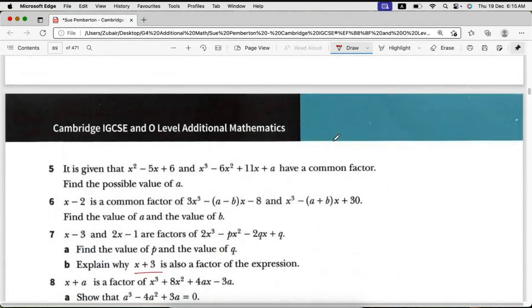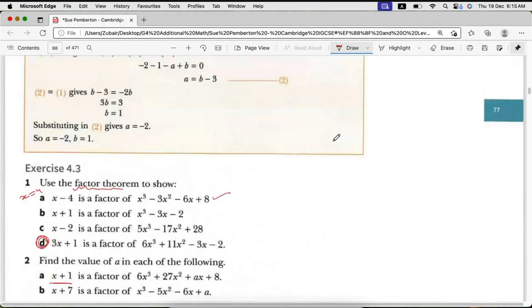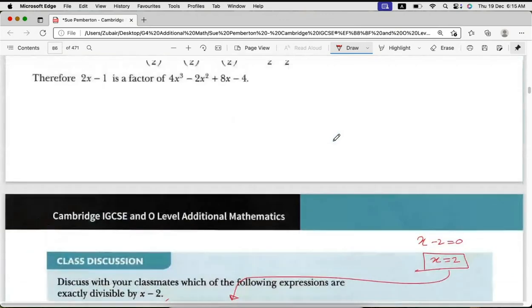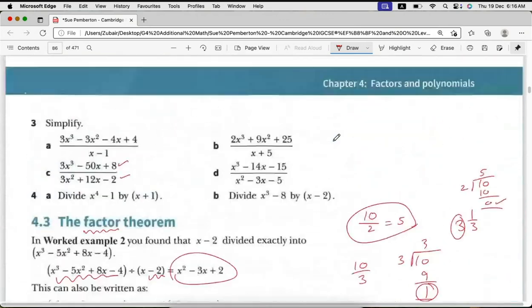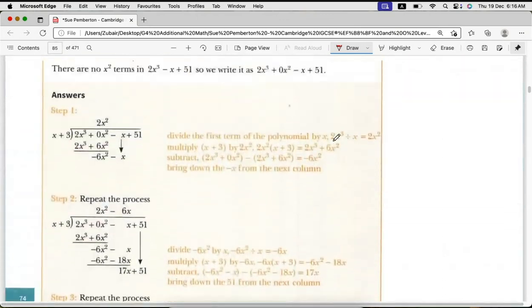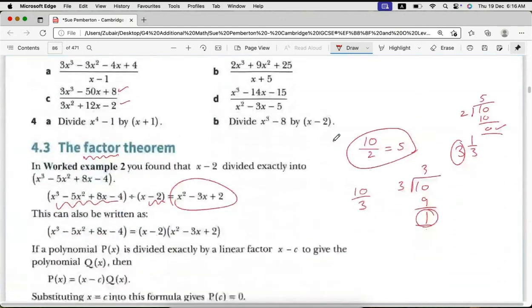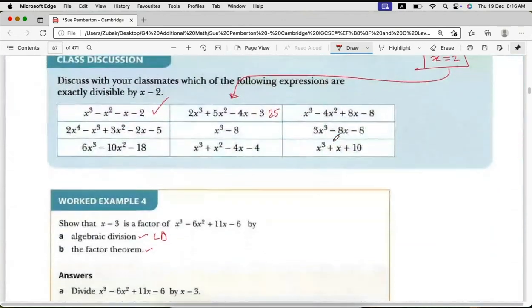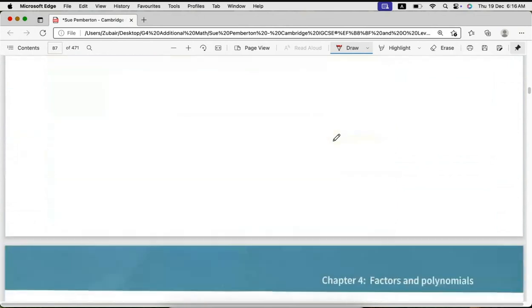Okay. So far we have done 4.1, 2, and 3. In your free time, I don't think you would have to go back to 1 and 2. 3 would give you enough practice of the exercises before this.